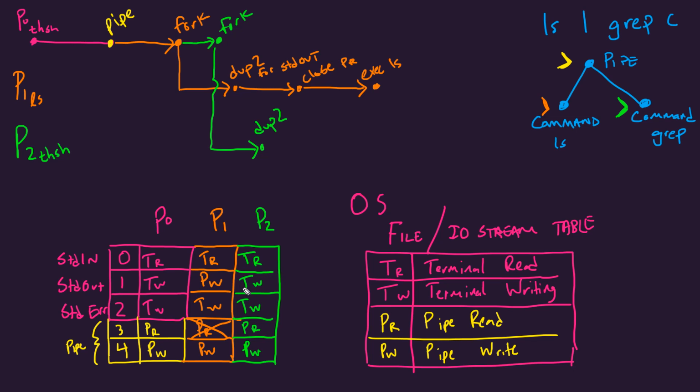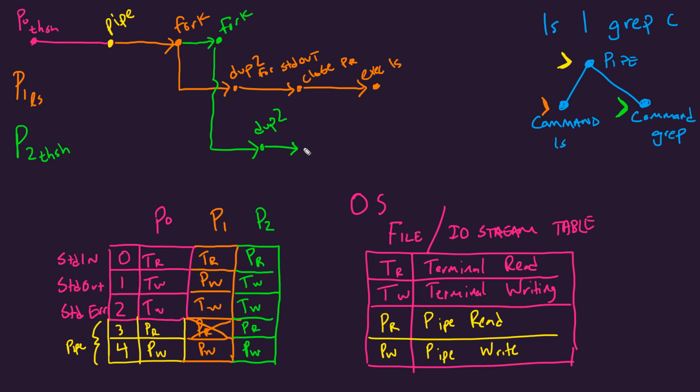So in other words, we want standard in for process 2, where we're currently reading from the terminal, just based on how this was set up by default, to be reading from the pipe instead, right? So what we would do is we would say dup2, and we would give 3, which is the pipe read file descriptor ID, and overwrite file descriptor 0, standard in, right? So standard in for process 2 is going to be the pipe read end, right? So PR is what we're reading from on the pipe, all right?